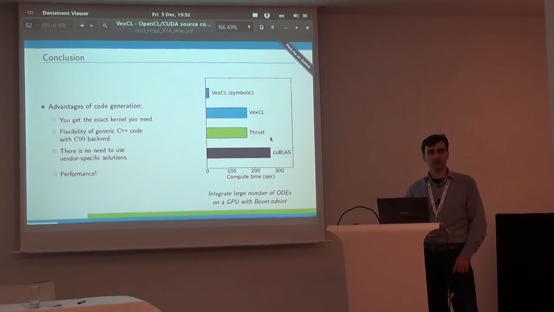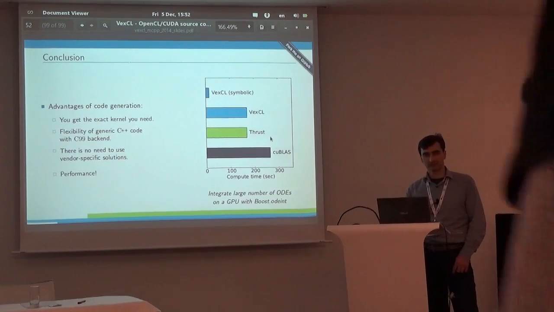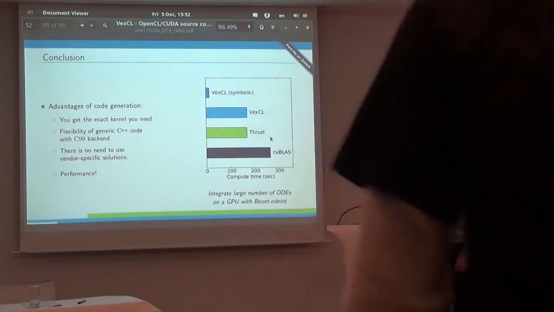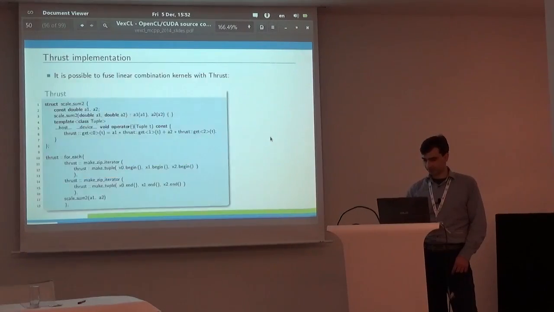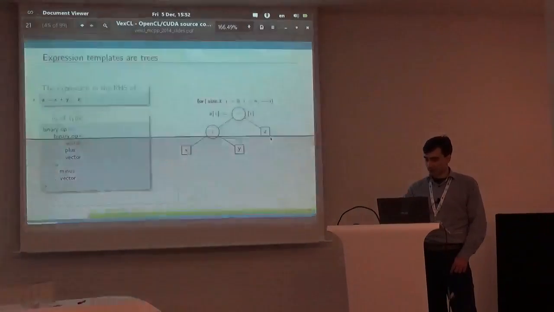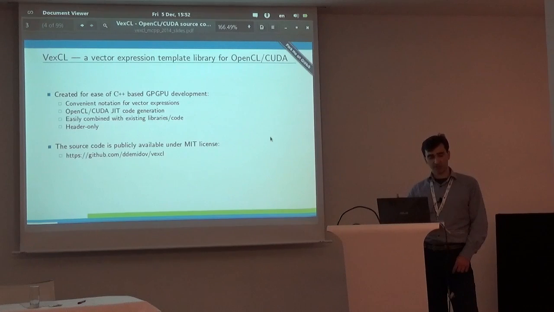Karsten. Maybe you mentioned it already. What was the reason to have a separate CUDA backend next to the OpenCL? Because CUDA has a lot of libraries, and you can use VexCL with existing libraries easily.